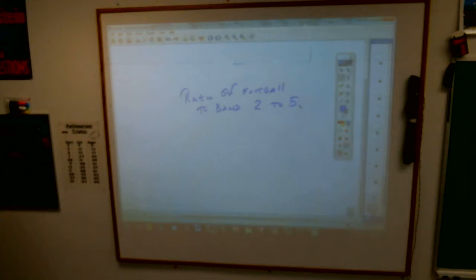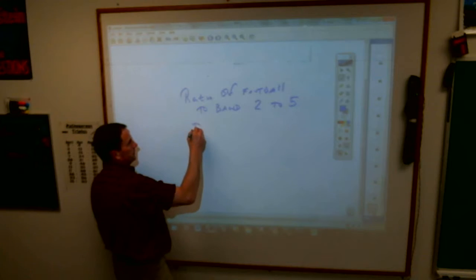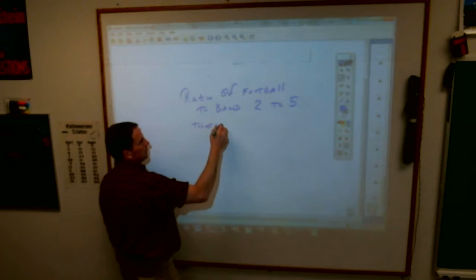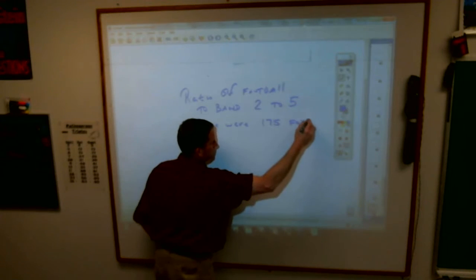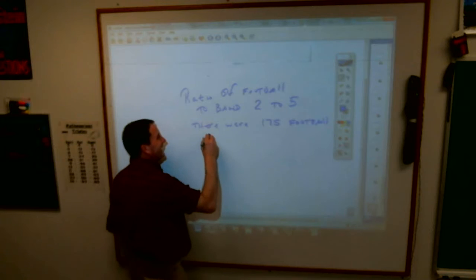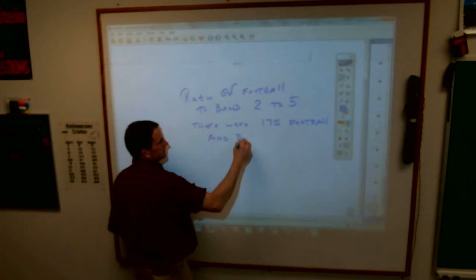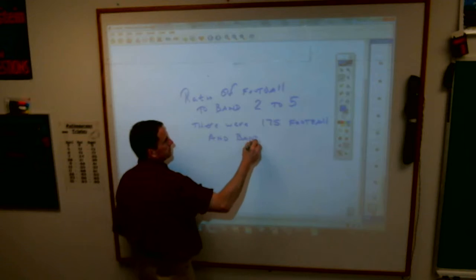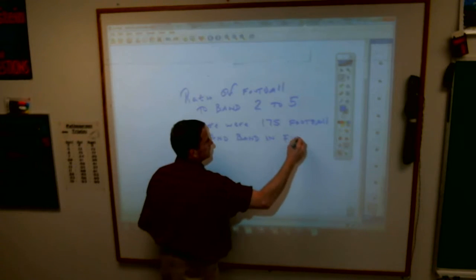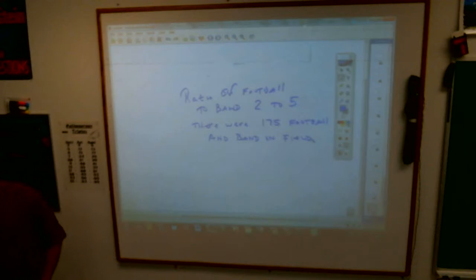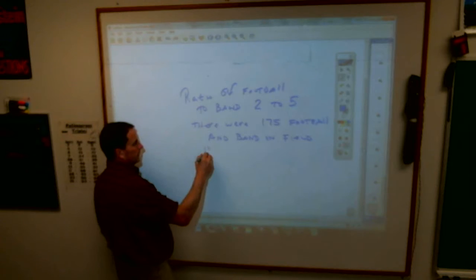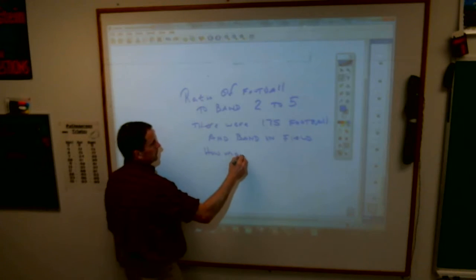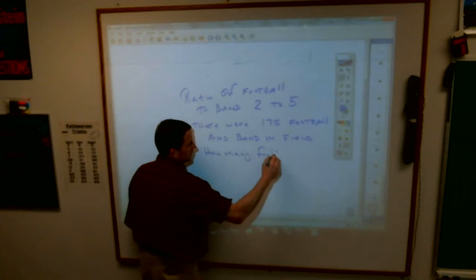There were 175 football players and band members on the field. How many football players?